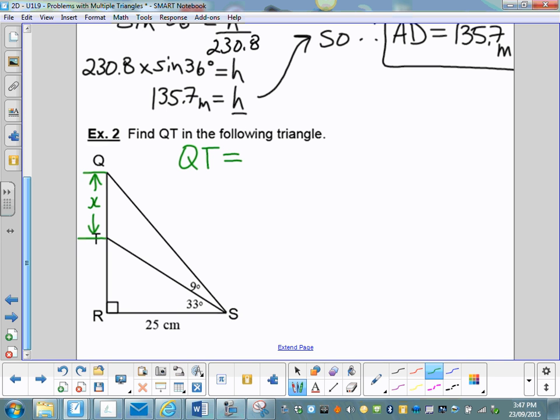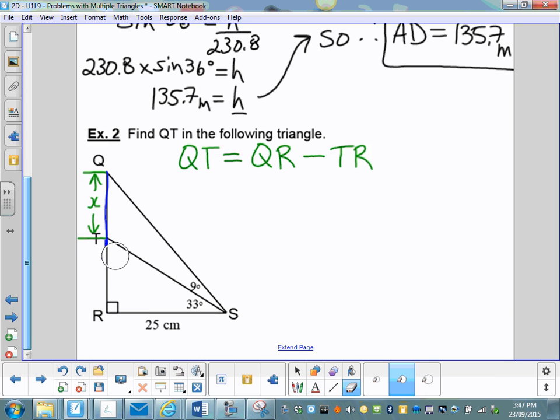When I'm looking at side QT, it is important to recognize that QT is equal to QR, which is this big side here in the big right angle triangle QRS. And so it's equal to that side minus TR, which is this part here, which is a side TR in the small right angle triangle TRS.